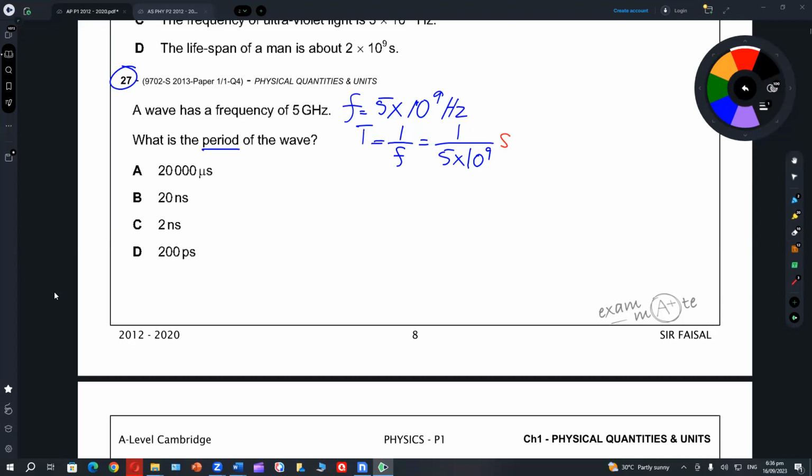Nano means on the lower side, in the diminishing power, it's 10 power 9 for division purposes. Please convert it into nanosecond. Let's check option B first. The answer written here is nanosecond. How can I convert second into nanosecond?